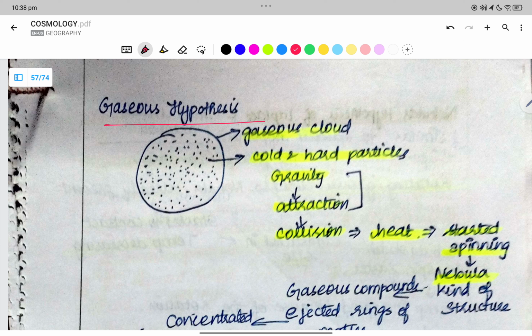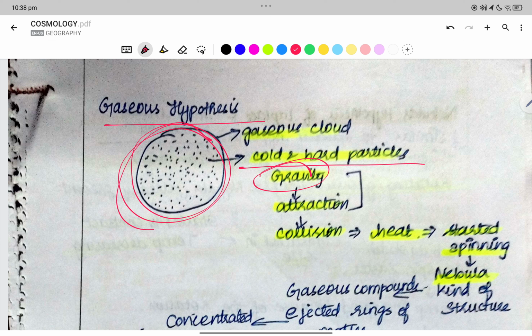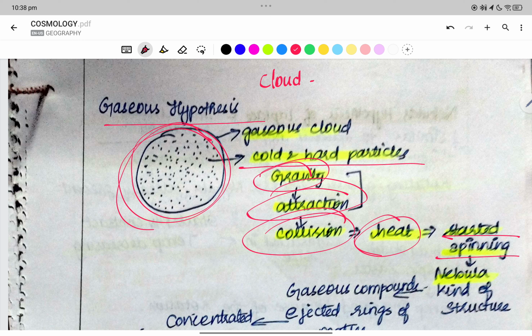Now, the gaseous hypothesis. There was a gaseous cloud. It had cold and hard particles. Under the influence of gravity, it caused attraction as well as collision, which generated heat, and it started to spin. So how does a cloud spin is what is mentioned in the gaseous hypothesis.